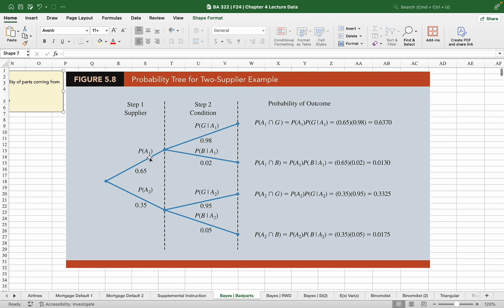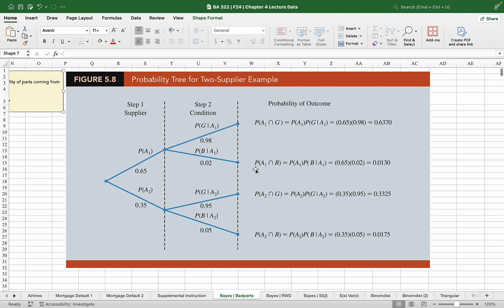Since supplier 1, A1 here, only has 2% of their parts bad, we can figure out the proportion of parts in our parts warehouse that are bad parts from supplier 1 by taking 0.65 multiplied by 0.02.